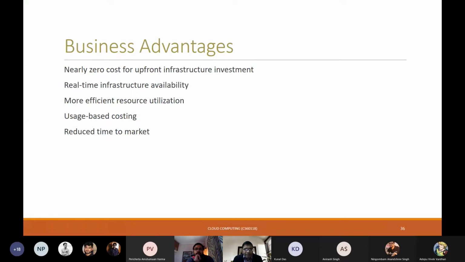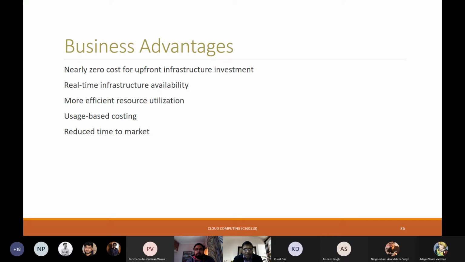The first one, in a different way, we had already discussed. There is almost negligible cost for upfront infrastructure investment, right? So what it means is that there is almost no investment, because if you really need any computing infrastructure, all you need to do is register yourself with a cloud service, right?